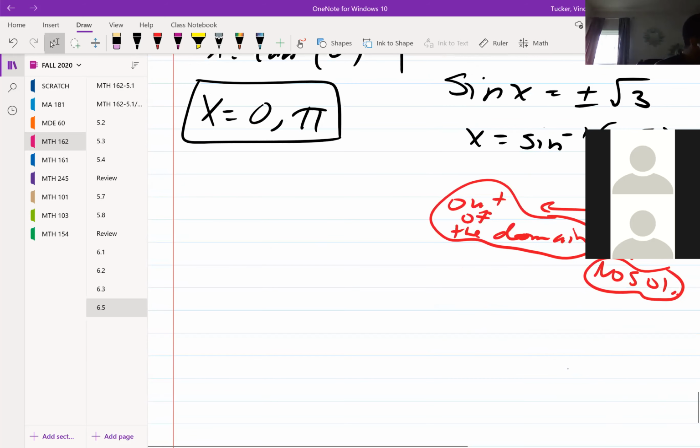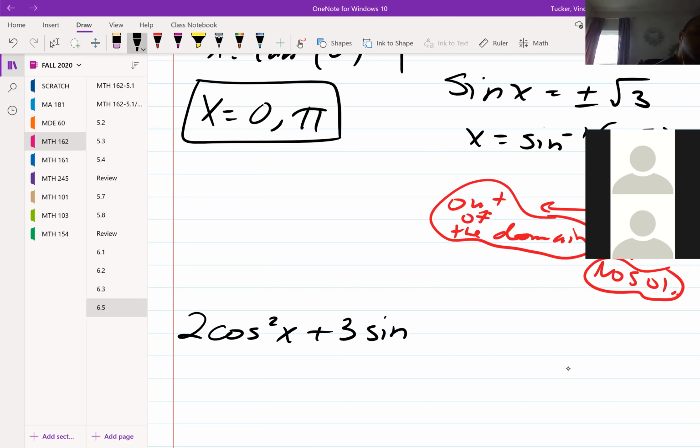So let's do another one. All right, got 2 cosine squared x plus 3 sine x equal to 0.